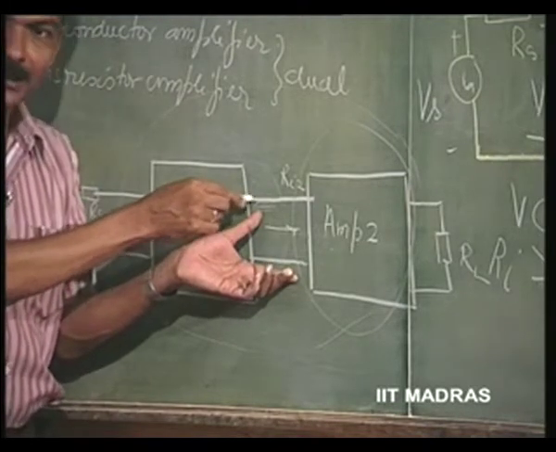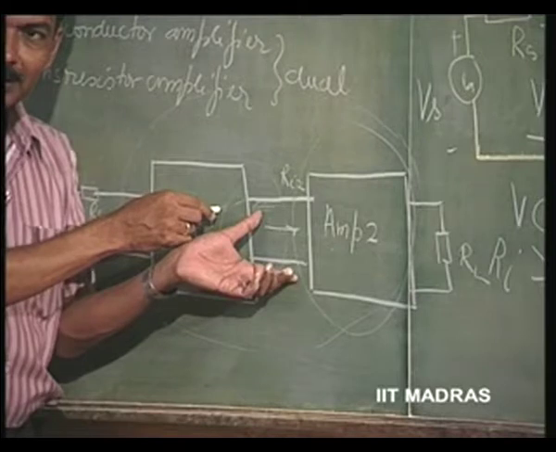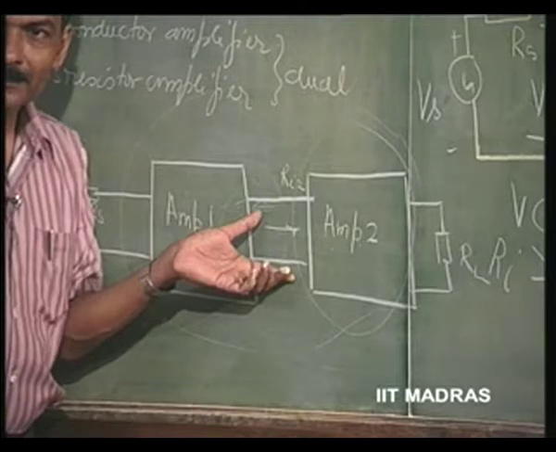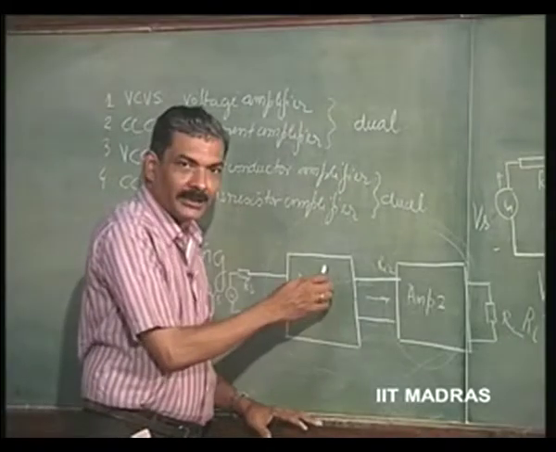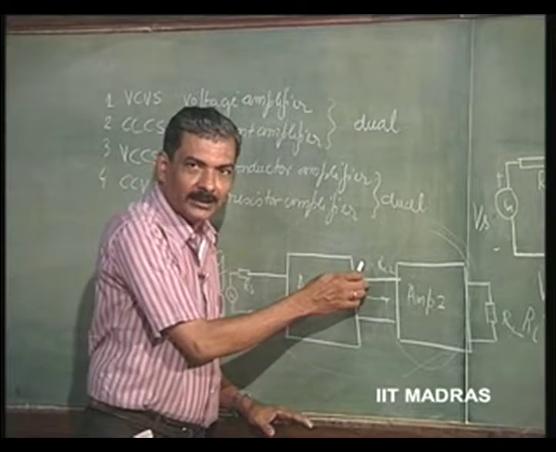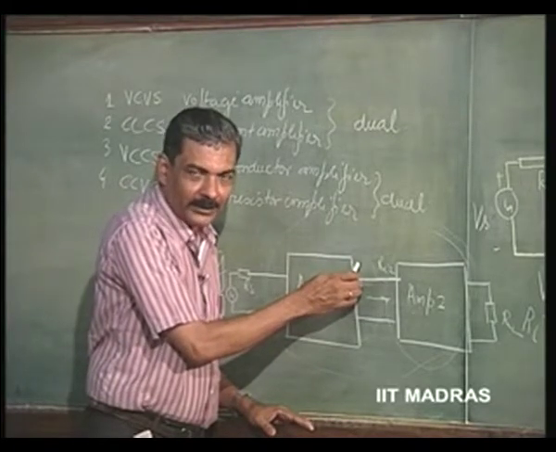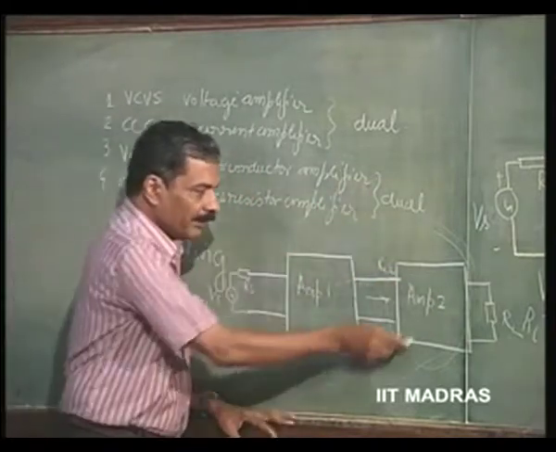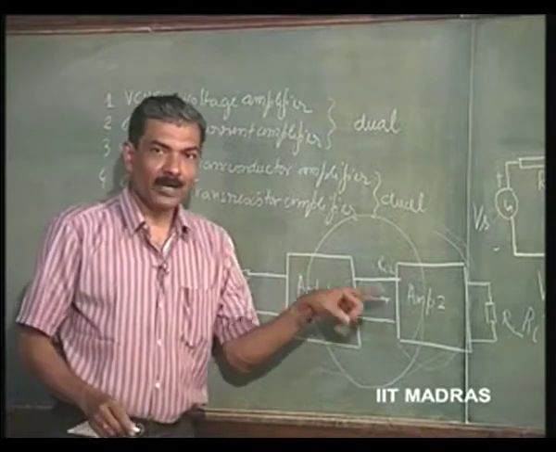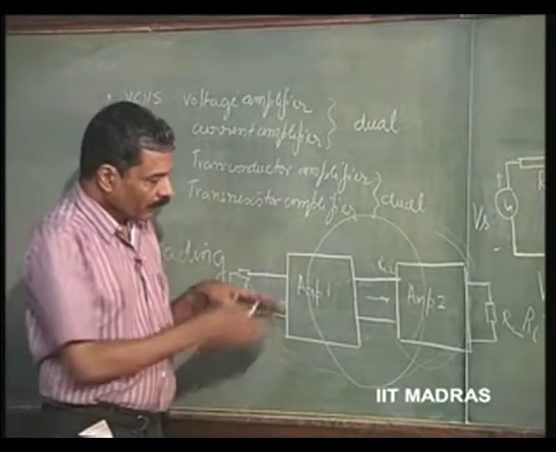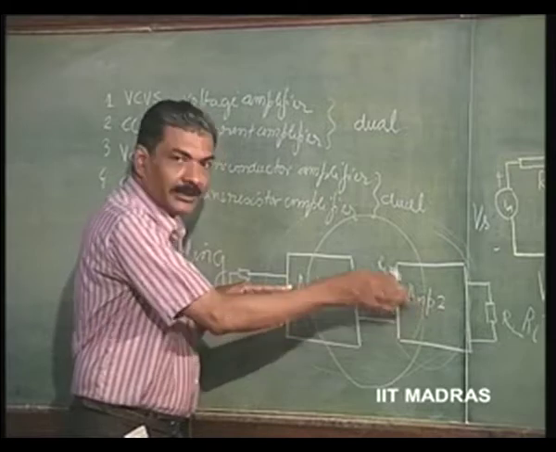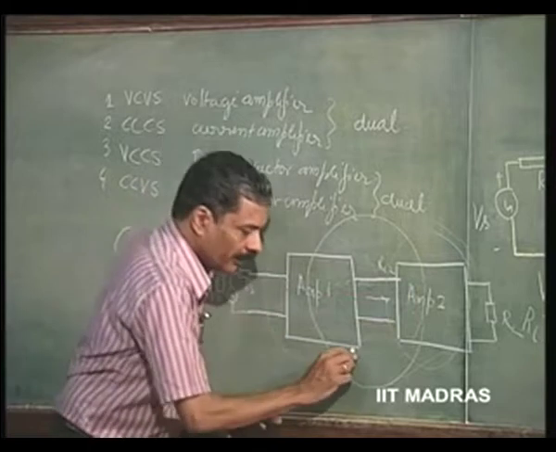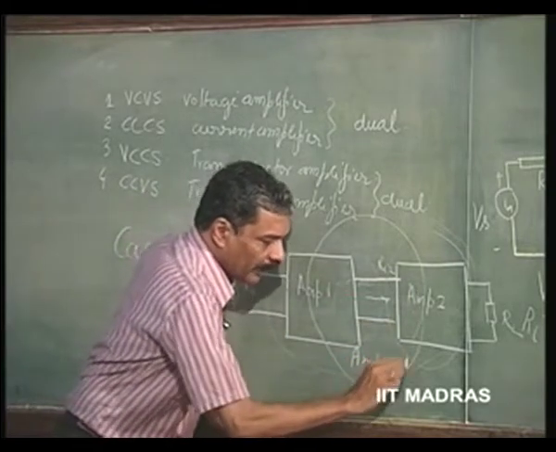So, we can represent this amplifier 1 with the drive there as a source for this. That means, output resistance of this is going to be the source resistance for this. So, this can be represented as a voltage source in series with some output impedance which will be really the source resistance for this. So, you have to make a distinction now when we connect an amplifier 1 to amplifier 2. For amplifier 1, amplifier 2 is the load.